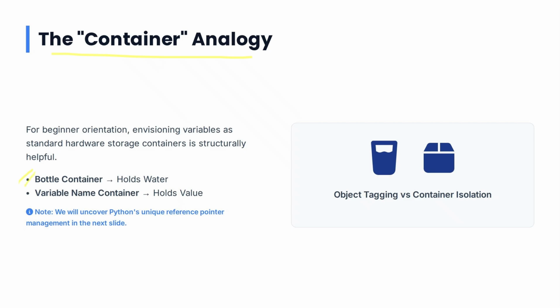It holds water. Same as that, a variable name is a container that holds values. This variable can be very much equal to the water bottles we use in college. Simple.